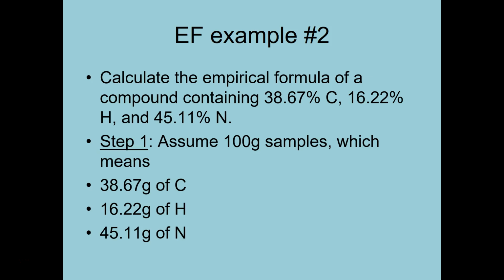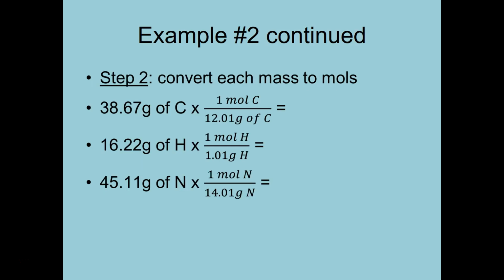So far, so good. Step 2, we're going to convert each of the masses into moles. So we take those masses that we got in step 1, and we're going to divide them by the molar mass of each element. These numbers came straight off the periodic table, and once we do that, we get our answers.